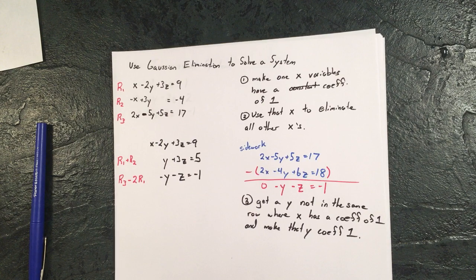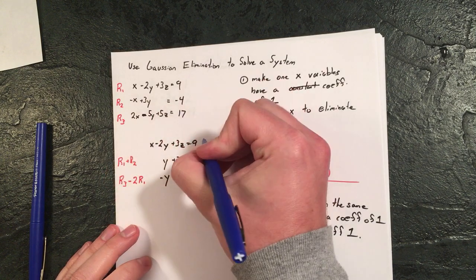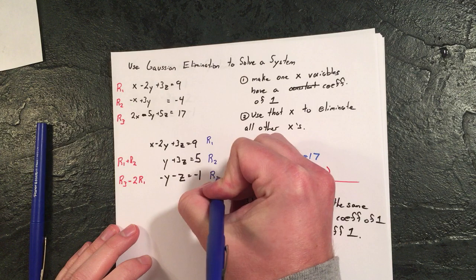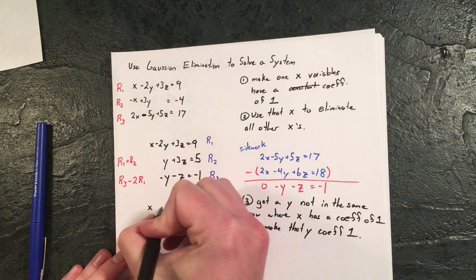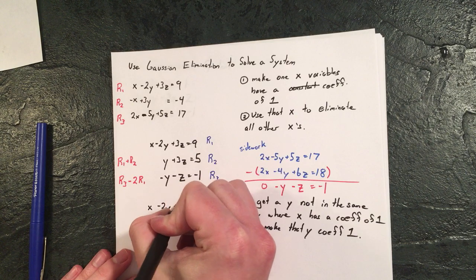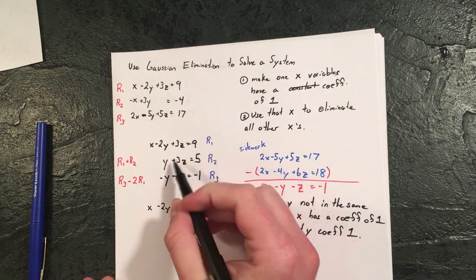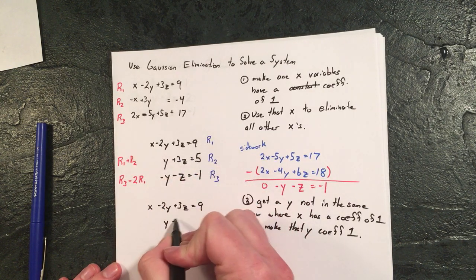Okay, so now I want to rethink of these as our new rows. So let's say this is a row 1, a row 2, and a row 3. Row 1 just stays exactly the same. I'm not going to touch that. Row 2, I'm also going to keep the same because that's the y coefficient I'm using.